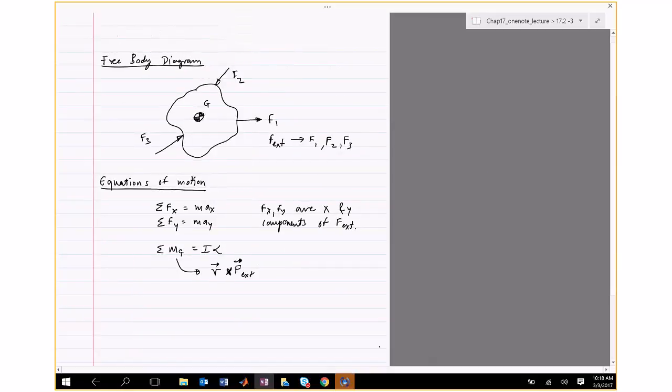In this part we'll consider two special cases. One is rectilinear motion and the other is curvilinear motion. Really the way they differ is that the coordinate of preference for rectilinear motion is going to be the Cartesian coordinates x, y, z, but for curvilinear motion we will use the tangential-normal coordinates. That's usually the best coordinate to use.